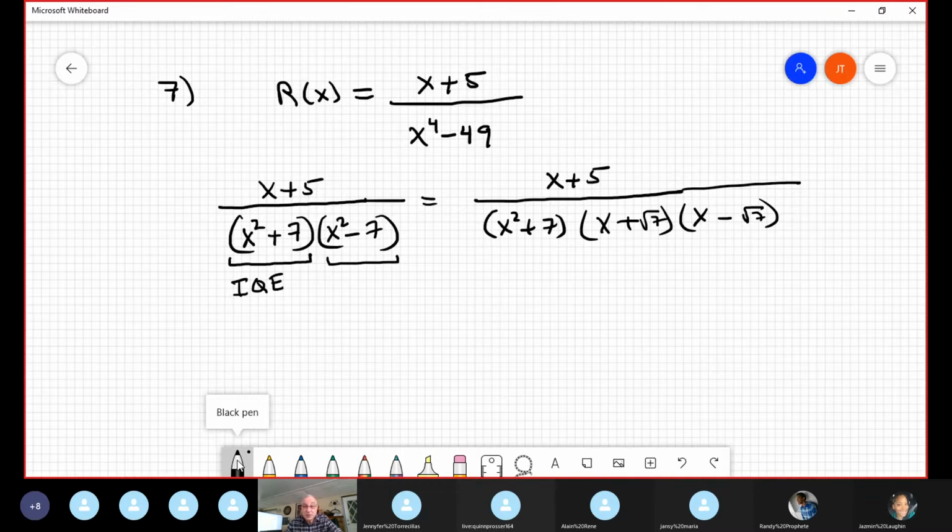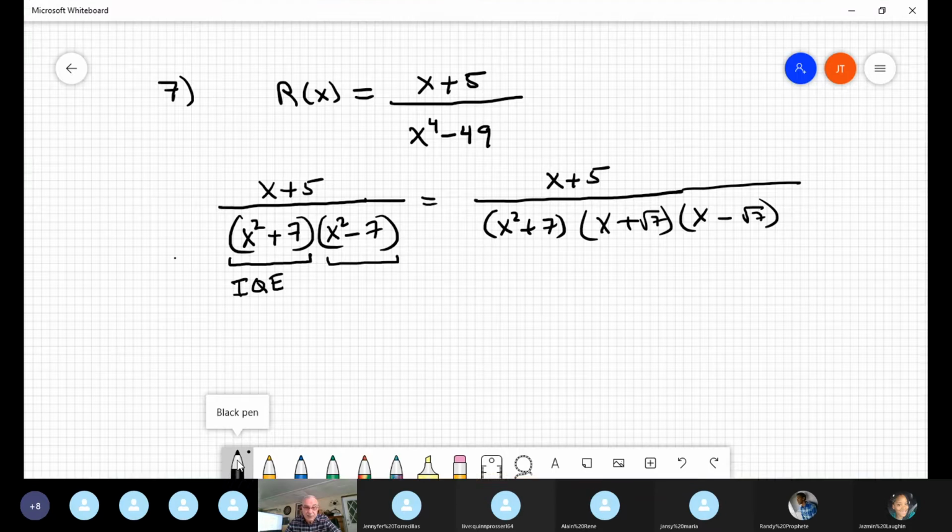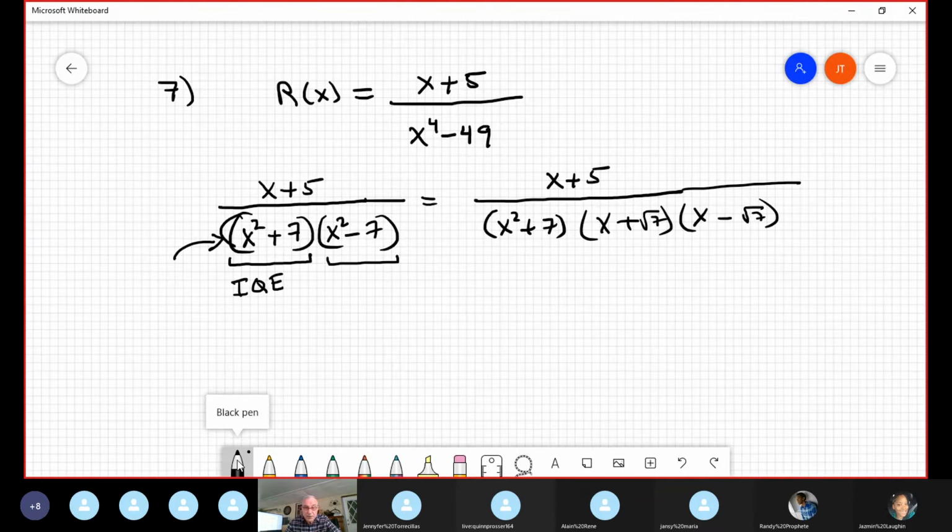Or another possibility to understand this, okay, is look, this guy never is 0. This guy never is 0. And this guy, yes, is potential 0. And you force it to be 0. And you solve this quadratic equation and you get plus or minus radical 7.